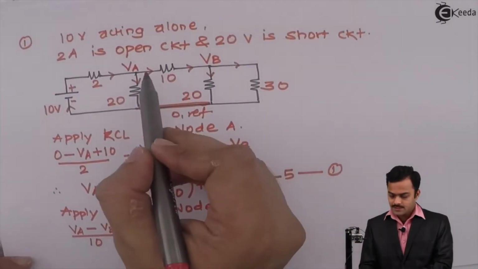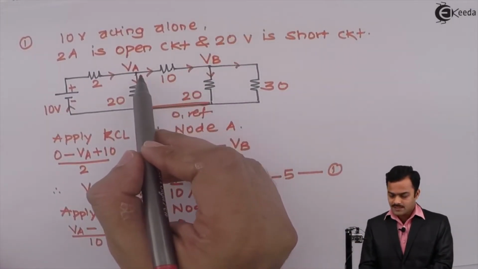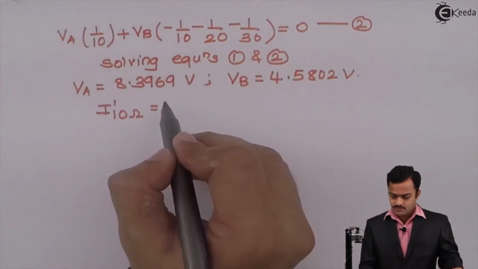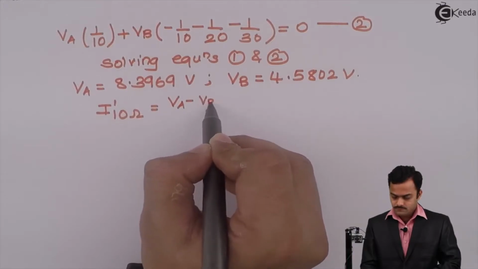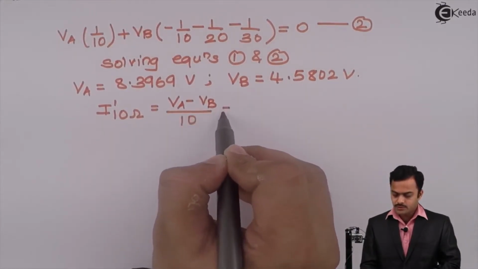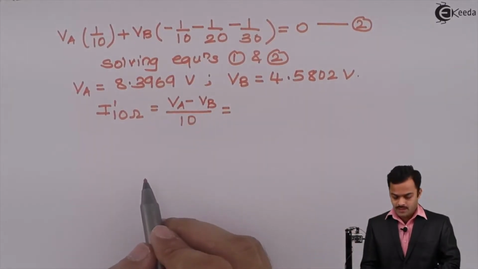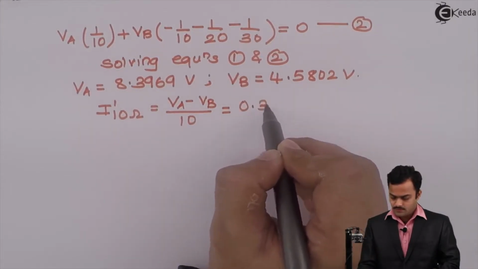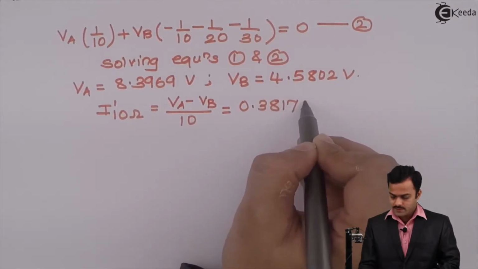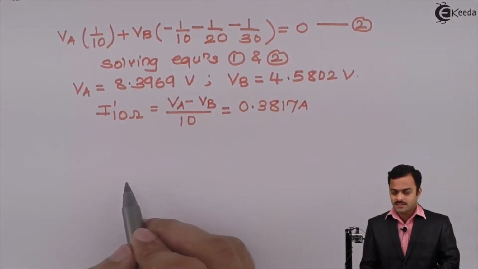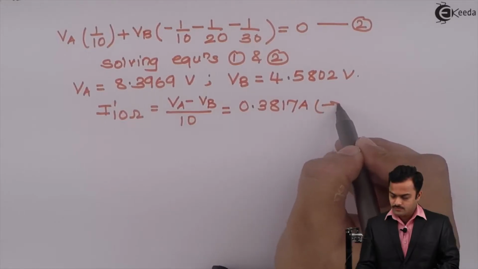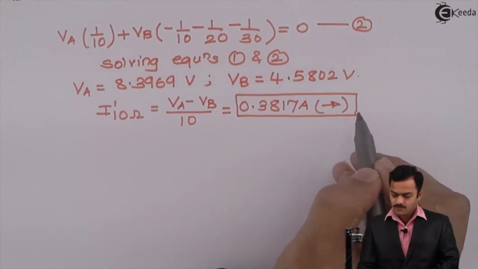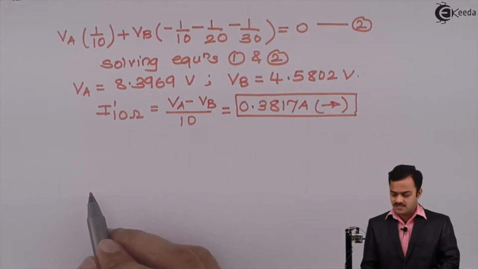So if I consider this resistance branch current, I have written as VA minus VB divided by 10. If I substitute the values of VA and VB, I will get answer as 0.3817 ampere positive. So whatever direction I have assumed, that will be correct. This is the first part of our answer.